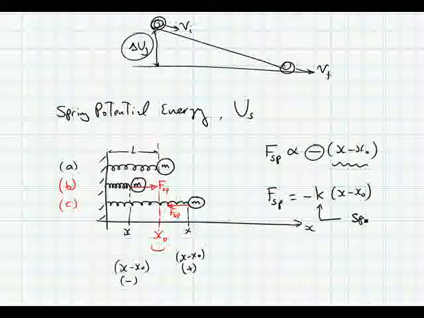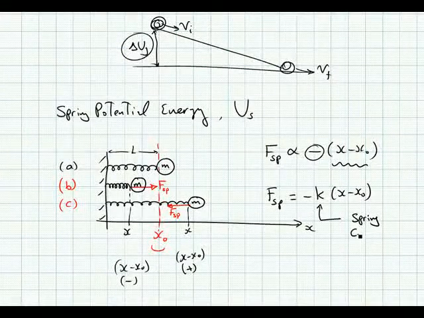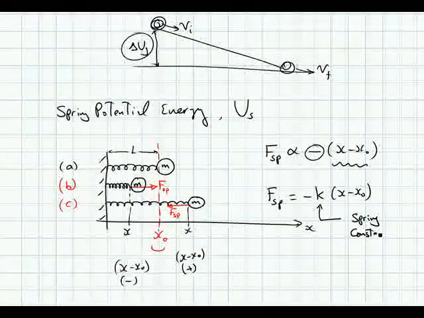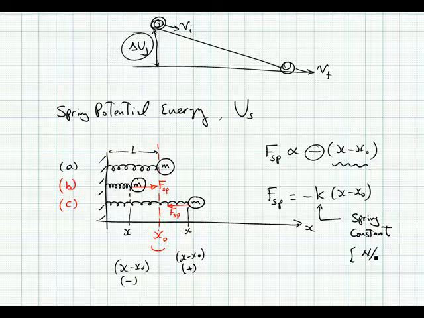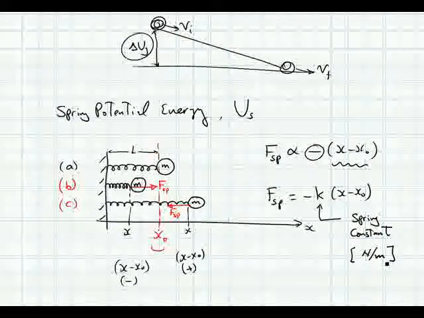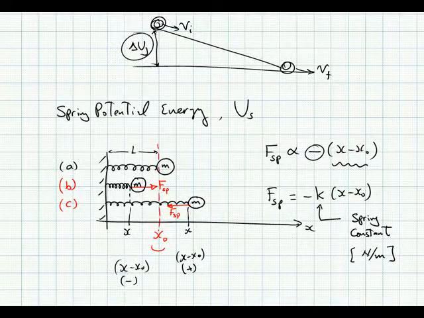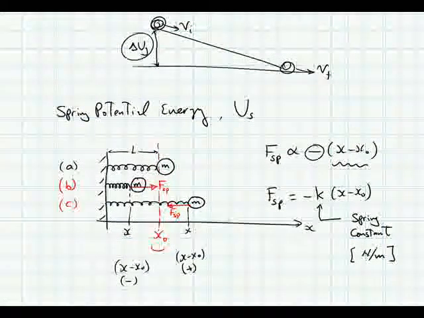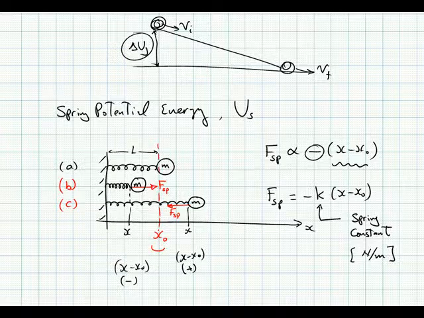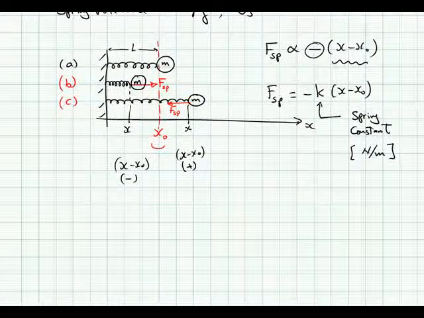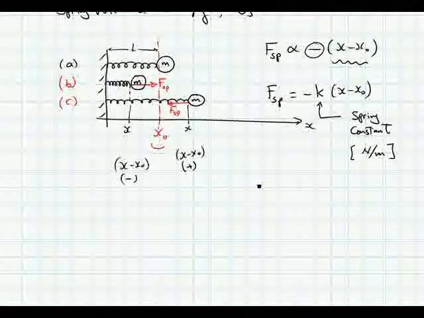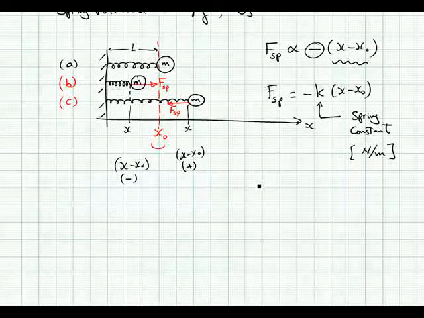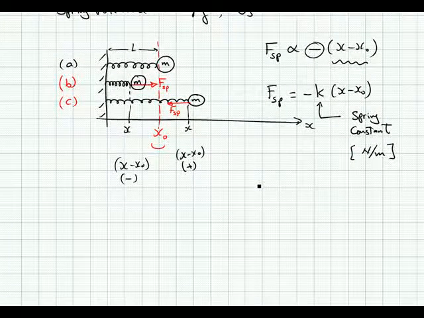It's the spring constant. Its units are newtons per meter, and the spring constant is a measure of the stiffness of a particular spring. So the greater the k value, the stiffer the spring is, and the smaller the k value, the less stiff it is.